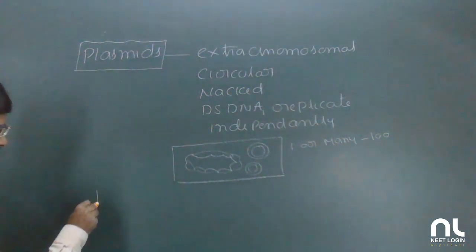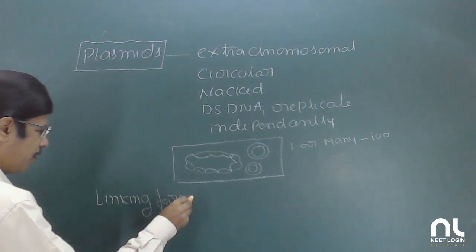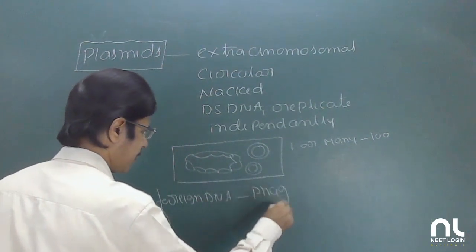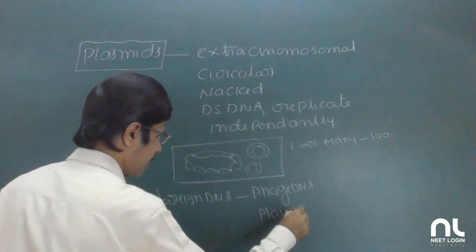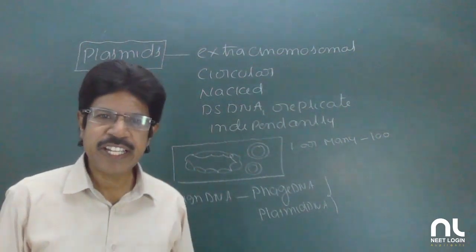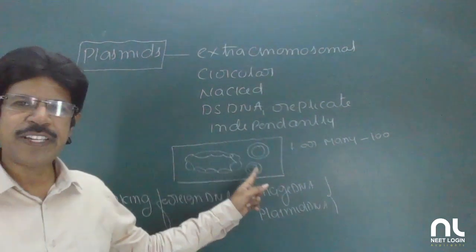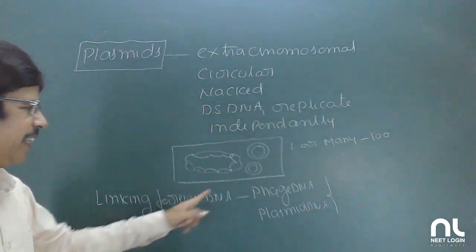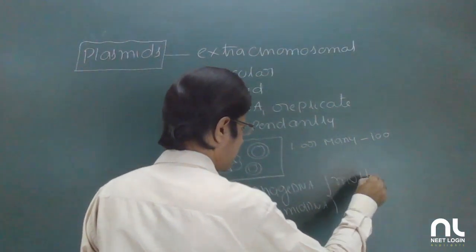So linking foreign DNA to phage DNA or plasmid DNA, it multiplies equal to the copy number of the phages or the plasmid.